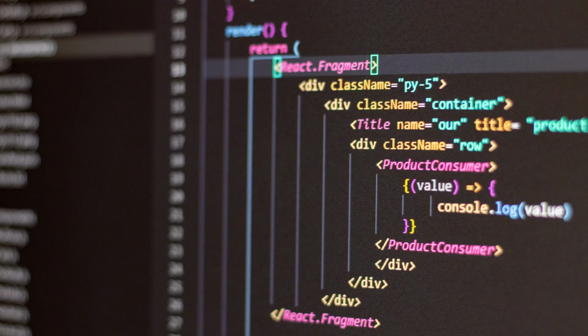They are going to sit down and start building the application.